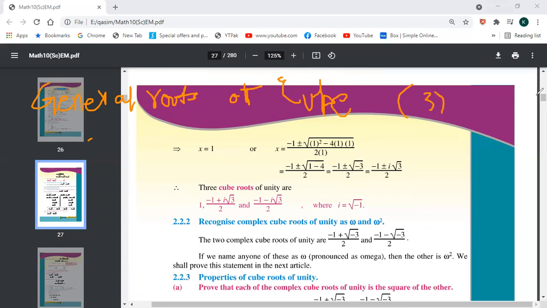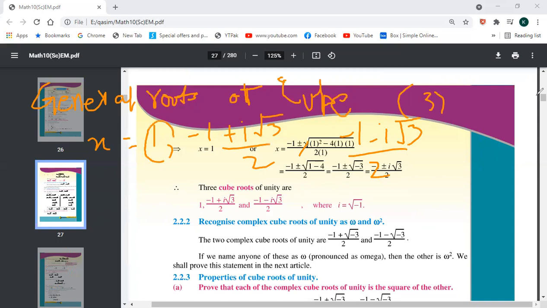So how many? The value x equals 1 is the first value, the second value equals minus 1 plus iota root 3 upon 2, and the third is minus 1 minus iota root 3 upon 2. These are basically the three values. This is the first one, this is the second one, this is the third one.